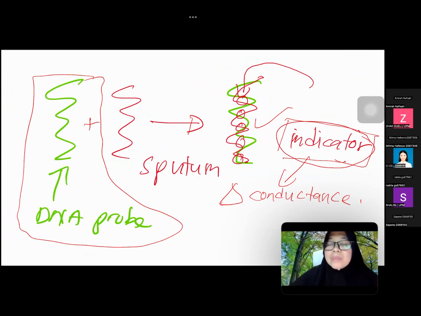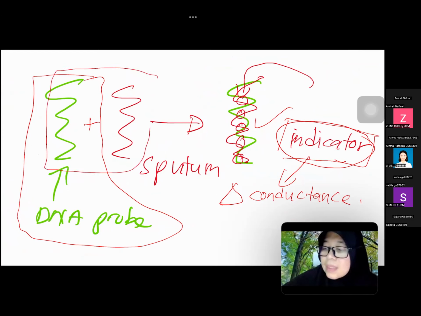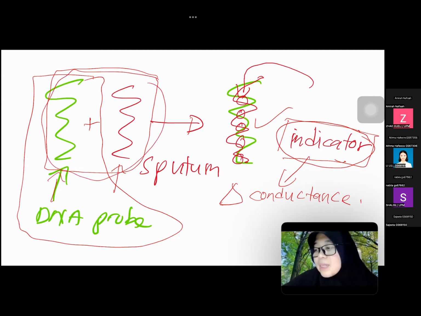Because this indicator will give out changes upon interaction with the hybridized DNA. So you can see that you have the receptor here, and then you have the analyte, which is the DNA from the sputum. They interact, and to get the signal from this interaction, we need to add another indicator.